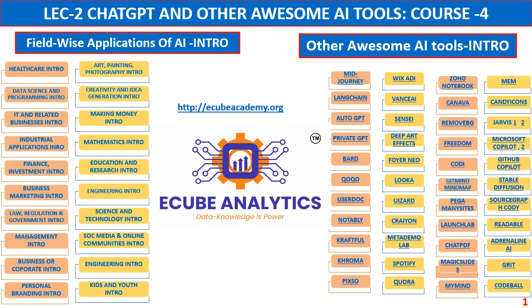But they are also made by giants. For example, Midjourney is one of the favorites for photographers. LangChain is a favorite for anybody who wants to develop AI based applications. AutoGPT is one step ahead of ChatGPT.